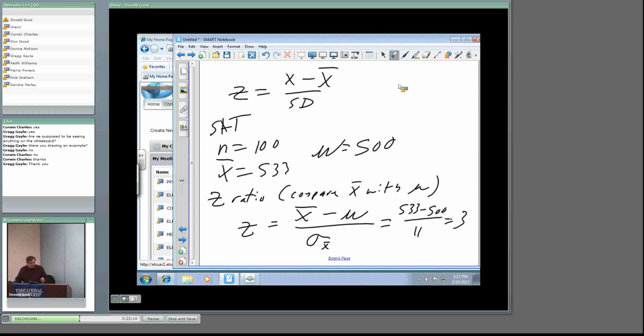Now, if we think about it, or if we remember the right things, we can answer our question: is this big enough to get excited about or not? That means we're more than 3 standard errors above the mean. And that's going to be rare because that's going to be in that 2.5%. Do you remember that? Remember where that 95% break is?